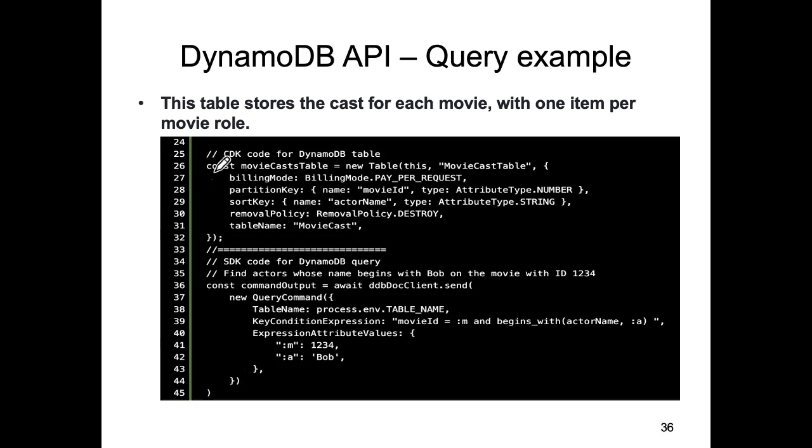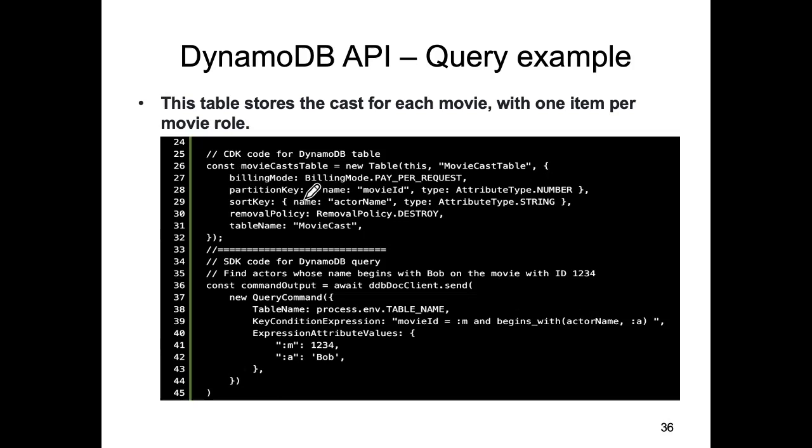For this particular table, my primary key is a compound key, made up of a partition key and a sort key. The partition key I've decided is going to be movie ID again, but the sort key I've just arbitrarily chosen as actor name. Don't worry whether you think that's a good idea or not.